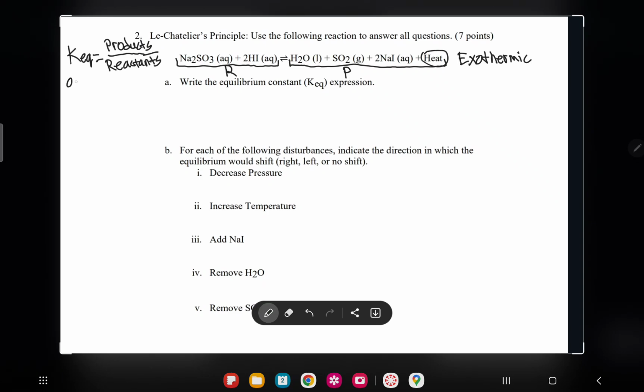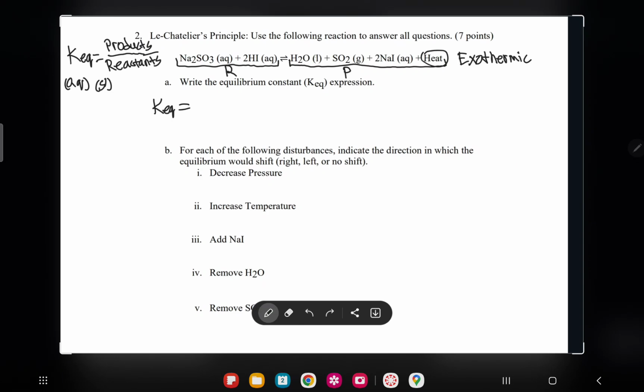This includes aqueous and gases. So now that we have the Keq, I'm going to start with the products first.